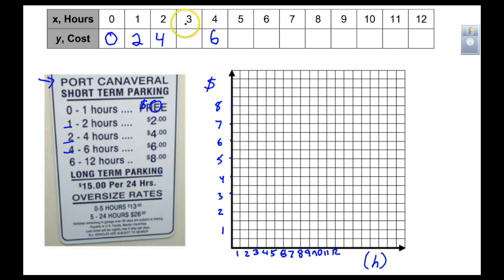By the way, how much does it cost for 3 hours? 4. When it gets to 6, it's going to cost 8. How much does it cost for 5 hours? 6 as well. And then after that, how much does it cost for 7 hours? 8. Yeah, it says 8 to 12 hours. And it might go up here, but it doesn't say.